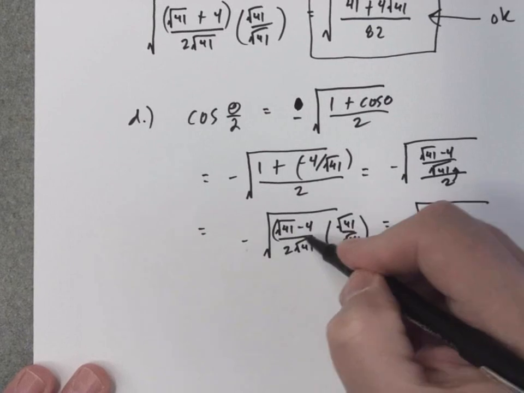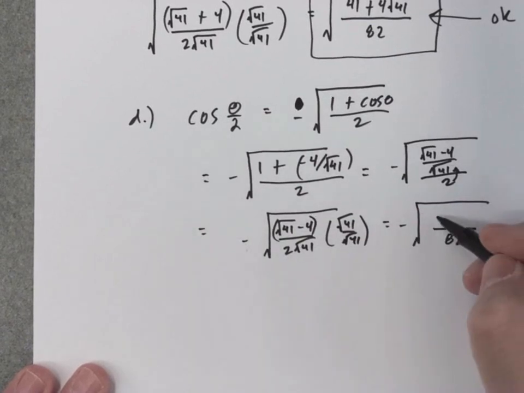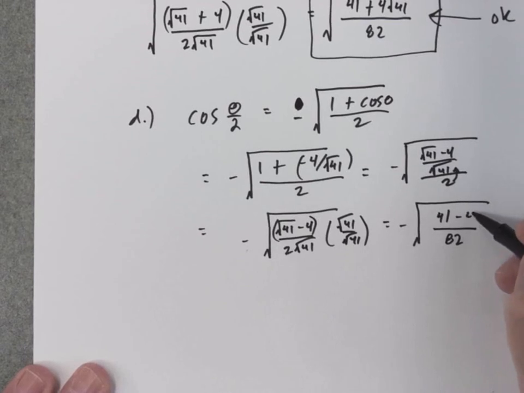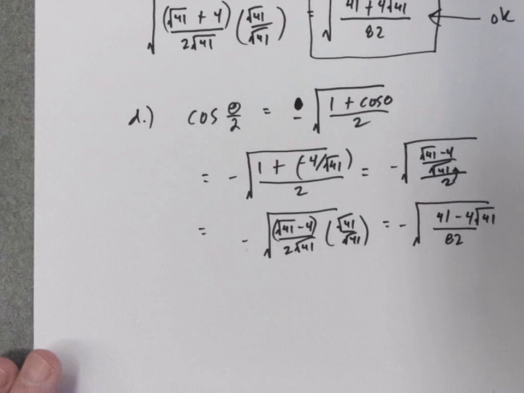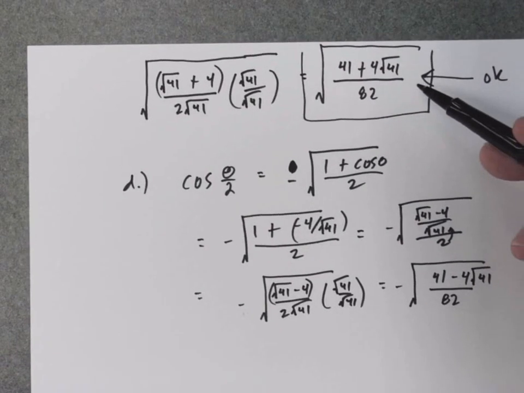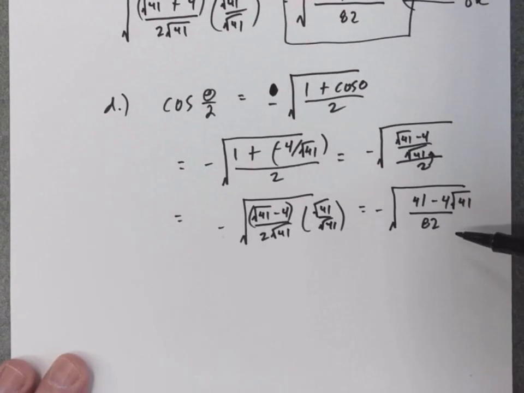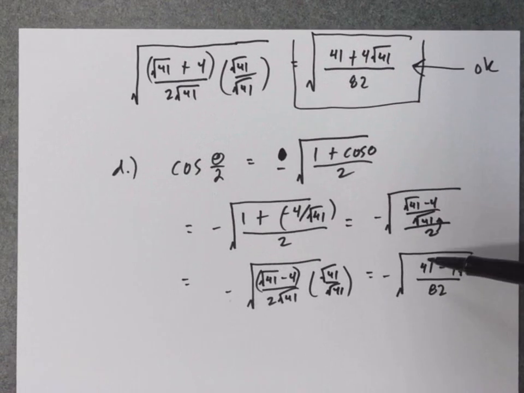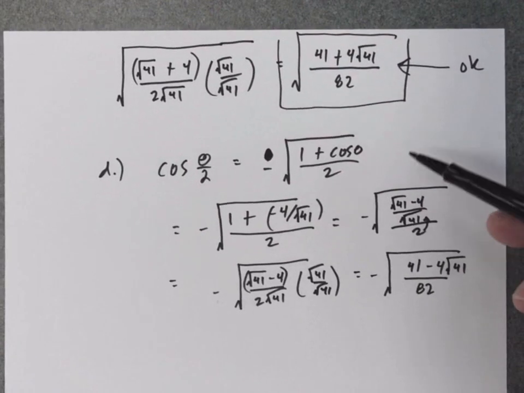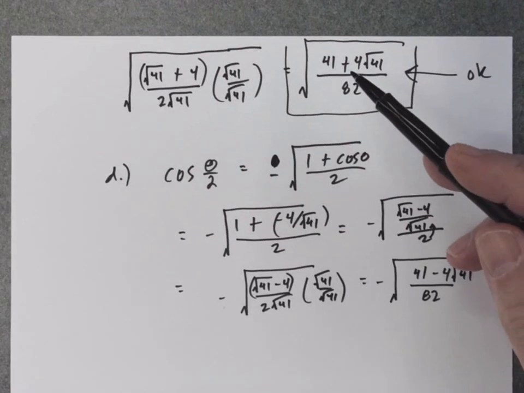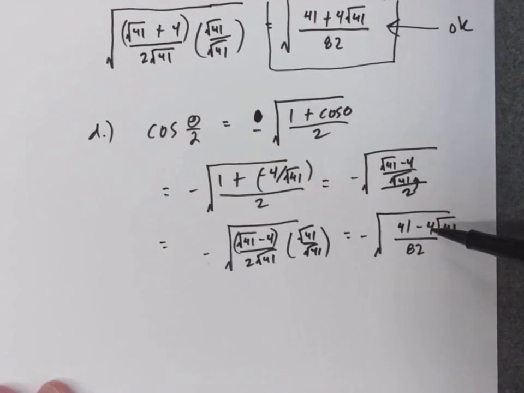And now if I distribute this, I get 41 minus 4 square root of 41. Sort of interesting. Up here's the answer for the sine. And for the cosine, the differences are, first of all, I got a negative out front. But inside the square root, I got a positive here and a negative here.